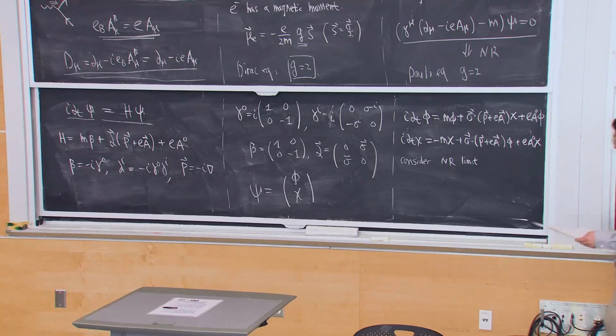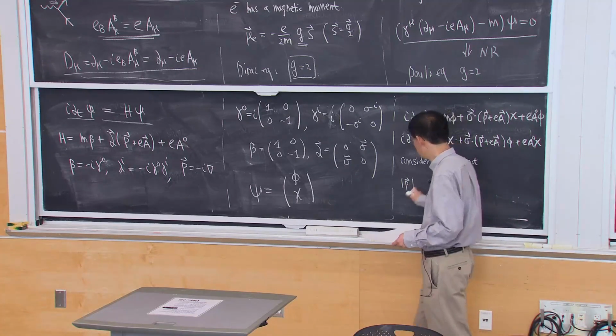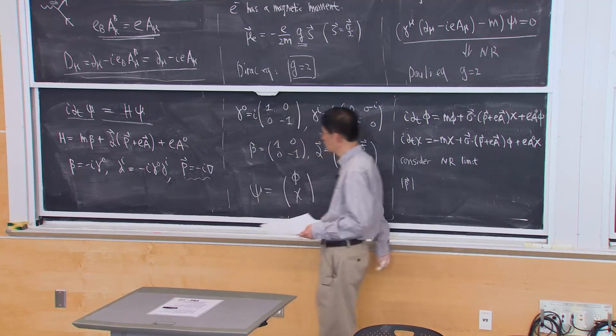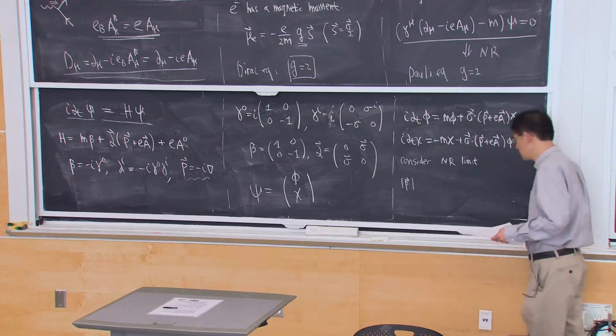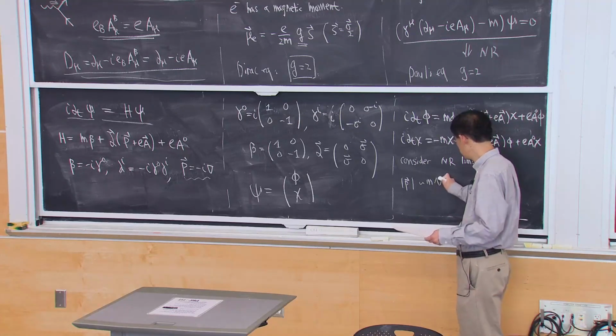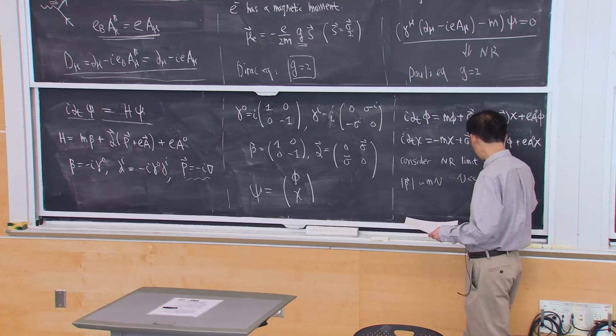In the non-relativistic limit, this p is essentially the spatial momentum if you act on the wave function, and we take it to be mv, with v much, much smaller than 1.